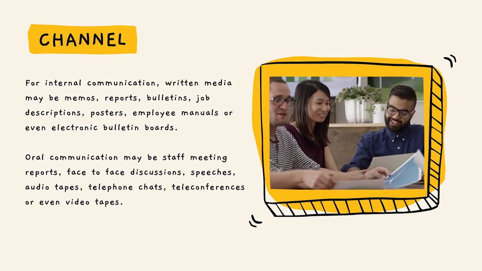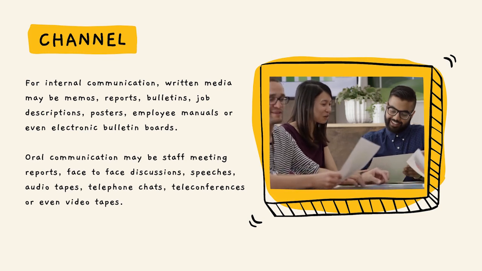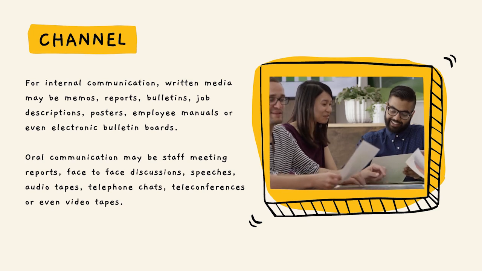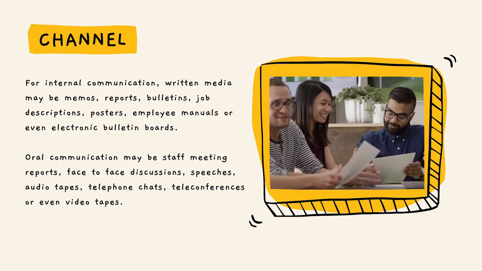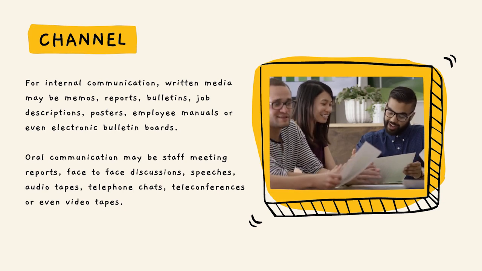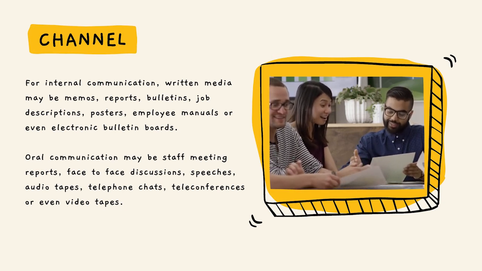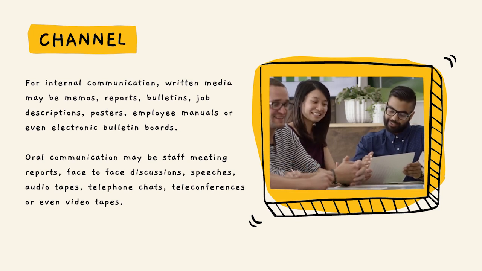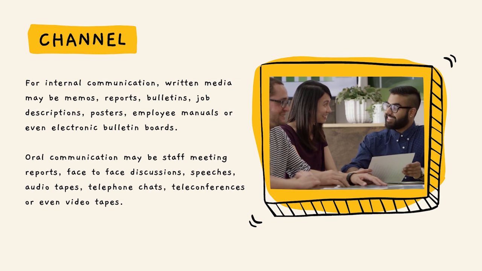For internal communication, written media may be memos, reports, bulletins, job descriptions, posters, employee manuals, or even electronic bulletin boards. Oral communication may be staff meeting reports, face-to-face discussions, speeches, audio tapes, telephone chats, teleconferences, or even videotapes.